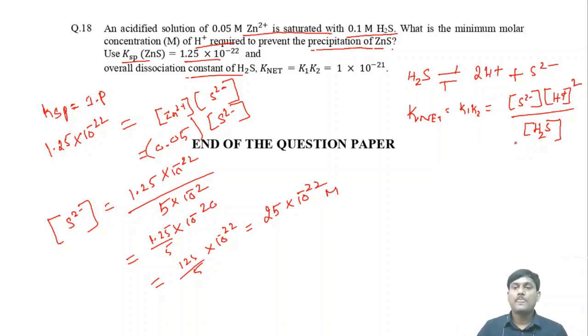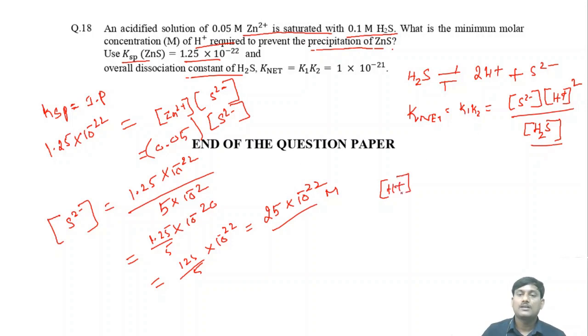We know the value of S2 minus, and you have to find out the H plus concentration; we know the value of H2S. So H plus concentration squared will be K net into the concentration of H2S divided by the concentration of S2 minus.